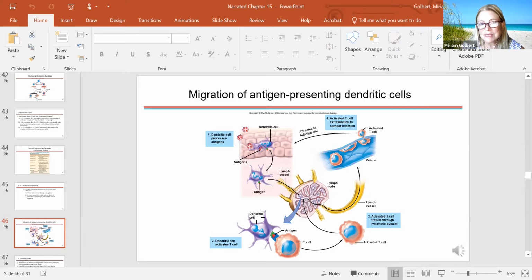This dendritic cell here that it says dendritic cell activates, it is an infected cell because the minute that they put that antigen toward the outside, that's a little flag to tell the T cell, hey, I'm infected here. So then the cytotoxic T cell will attach to that antigen, and that cell is going to create pores on this infected cell and it's going to destroy it. So that's how the killer T cell or the cytotoxic T cell kills by contact.